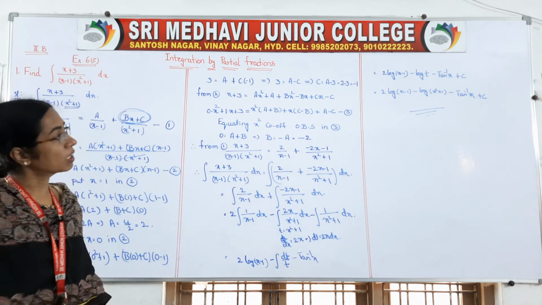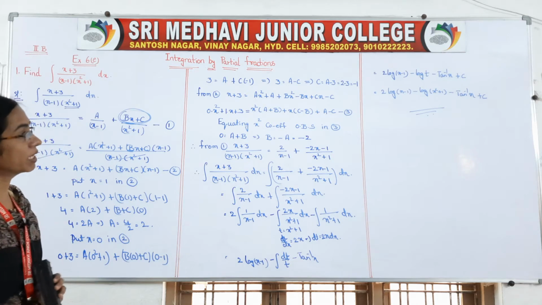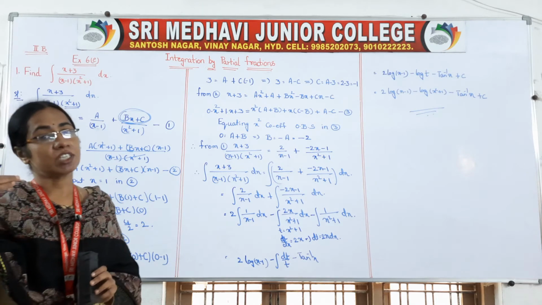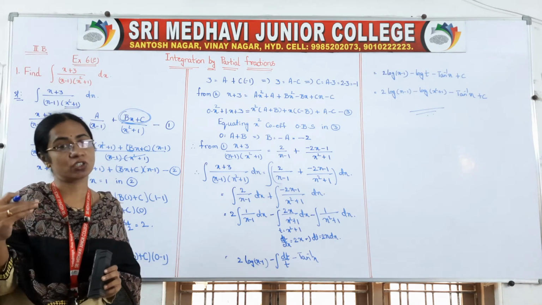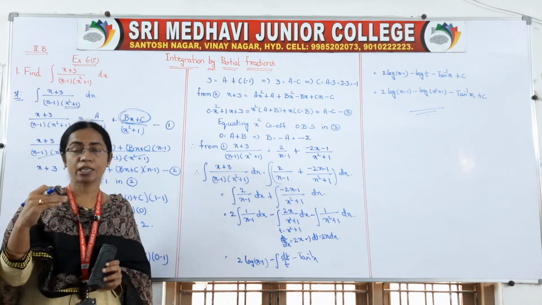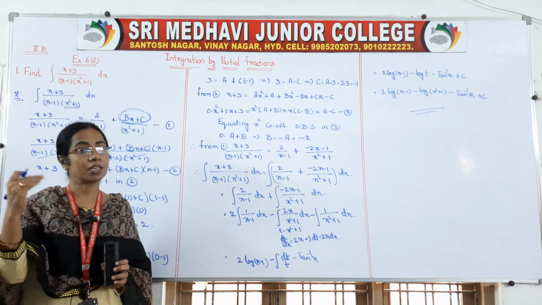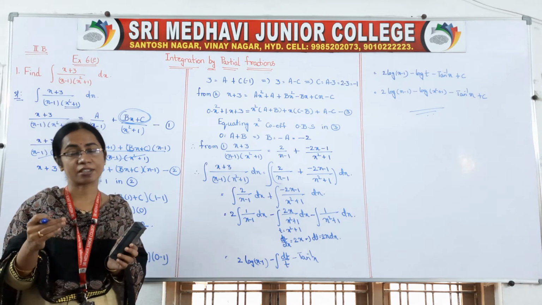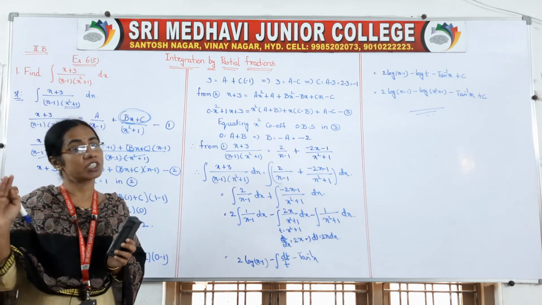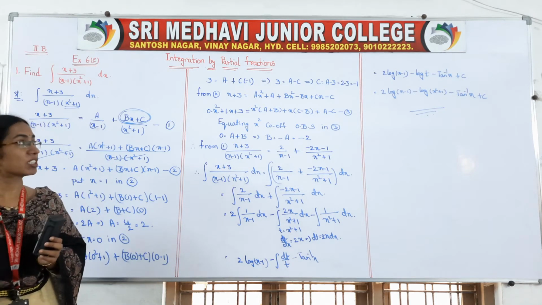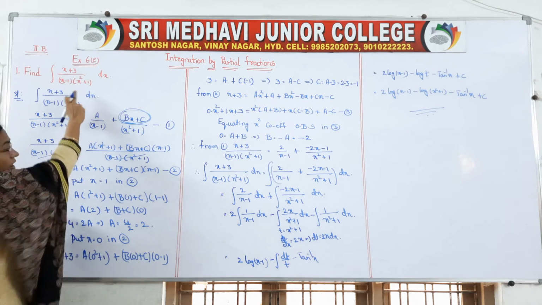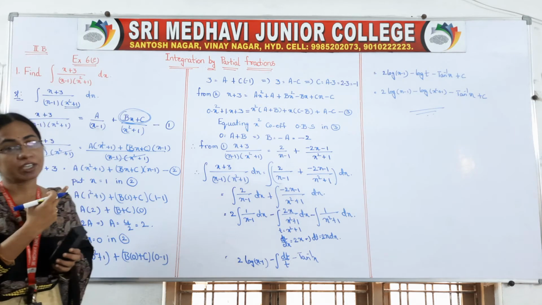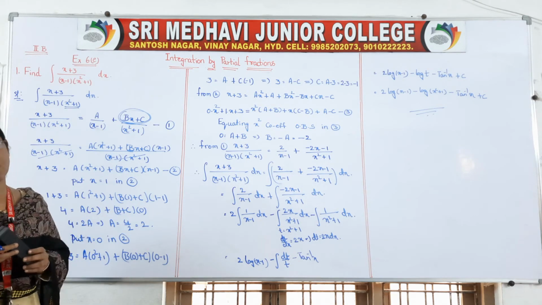So how we solved this: first of all, you should know how to resolve the expression into partial fractions. In an integral problem, suppose a fraction is there and downwards in the denominator there are linear factors and irreducible factors, we have to go for partial fractions. They don't mention it; they will just ask like this: find, evaluate or calculate. All are the same. Evaluate the integral of this value, like that they will ask.